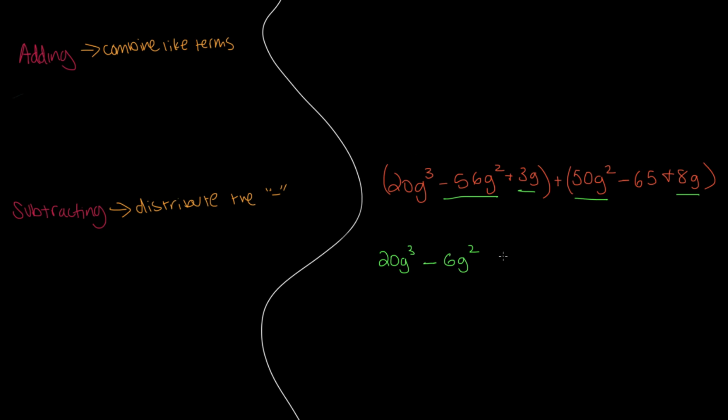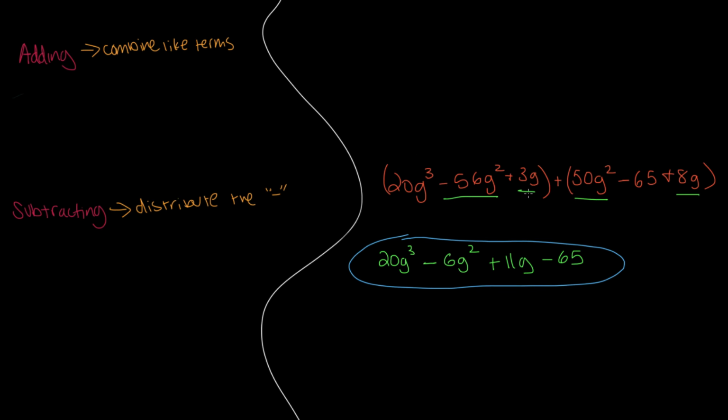So 3g plus 8g is going to give us 11g. So plus 11g. And what's left is our minus 65. There is no other constant term, so we're just going to have minus 65 at the end. So 20g to the third minus 6g squared plus 11g minus 65 is our answer.